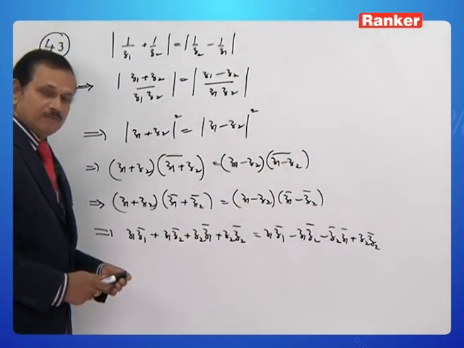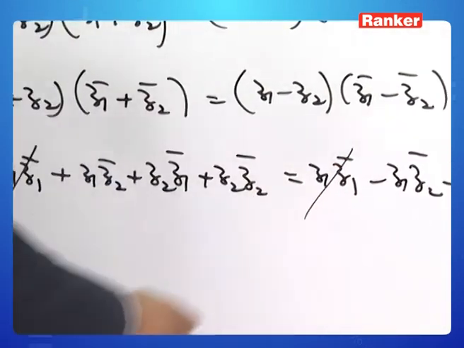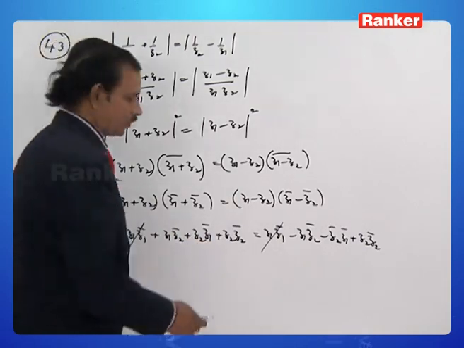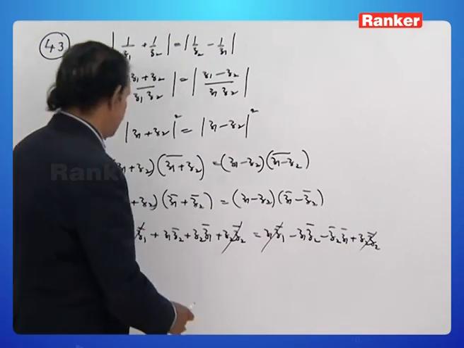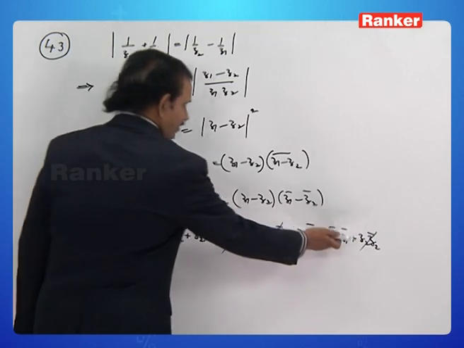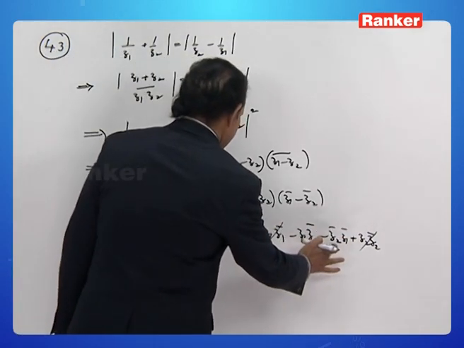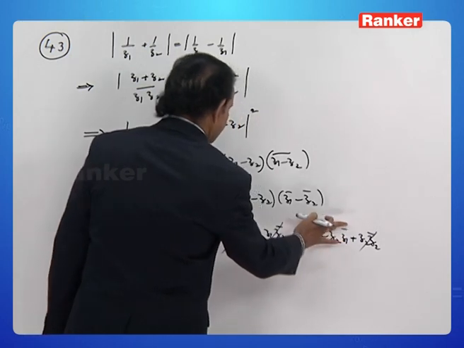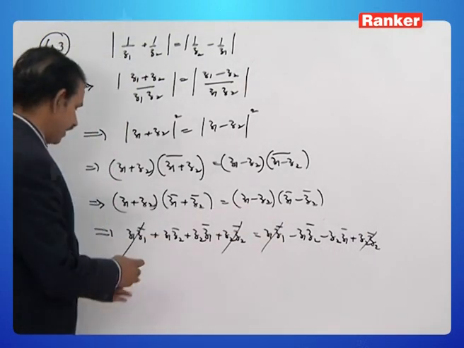What is Z1 Z1 bar? Mod Z1 square. Mod Z1 square, mod Z1 square, you can cancel. What is Z2 Z2 bar? Mod Z2 square. Mod Z2 square, mod Z2 square, you can cancel. You see, minus Z1 Z2 bar comes this side, minus Z2 Z1 bar comes this side. If both of them come here, what is going to happen?